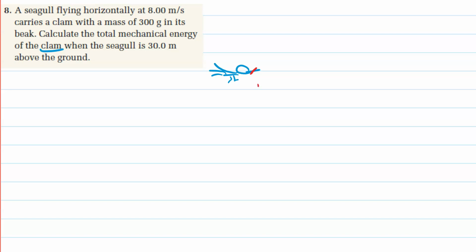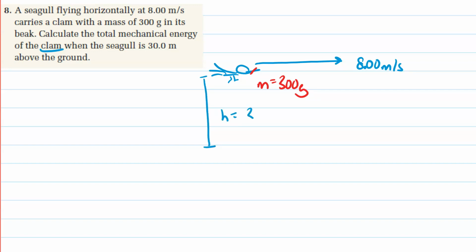Now that red thing has a mass of 300 grams, and the seagull, and therefore the clam that it's holding, is moving at a speed of 8 meters per second, while flying at a height of 30 meters above the ground. So we have our equation for mechanical energy, which is what we want.